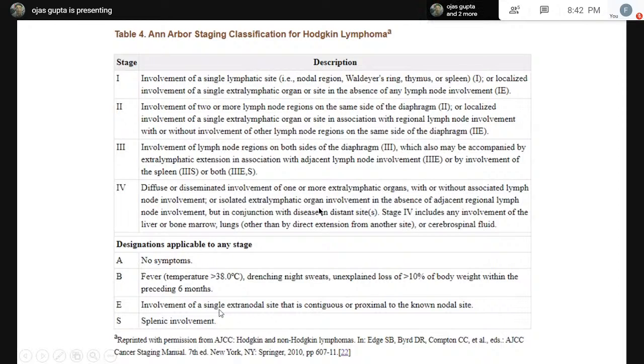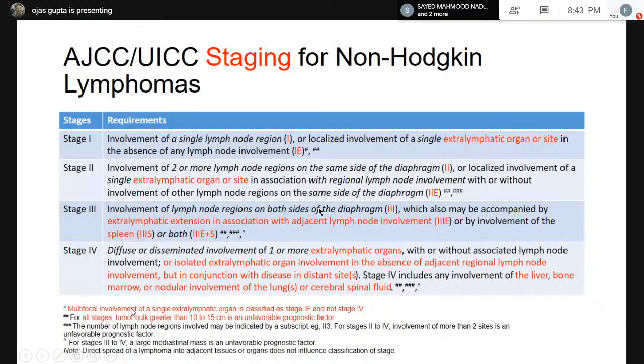E stands for extranodal site, that is contiguous or proximal to the known nodal site, and S stands for splenic involvement. It is important to remember these alphabets. I'll tell you why.